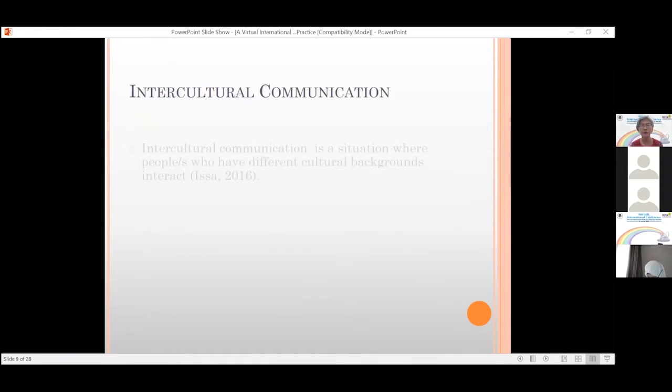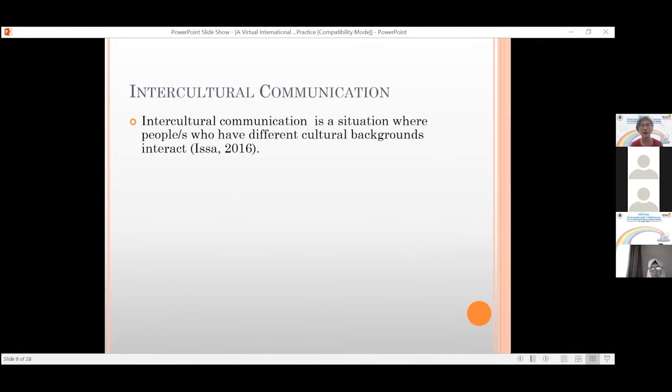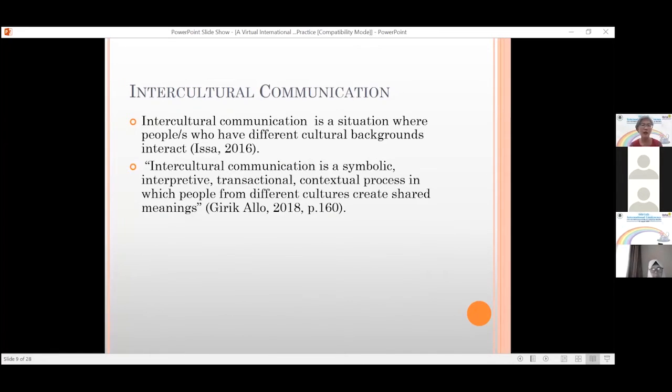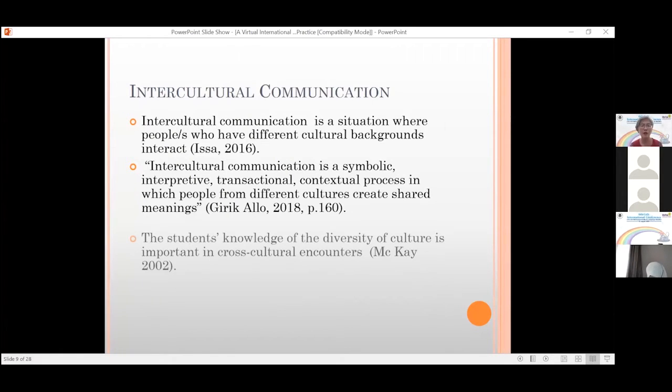Now, how about intercultural communication? Intercultural communication is a situation where people who have different cultural backgrounds interact, ISA 2016. Intercultural communication is a symbolic, interpretive, transactional, contextual process in which people from different cultures create shared meanings. That's Kirik Alo, 2018.